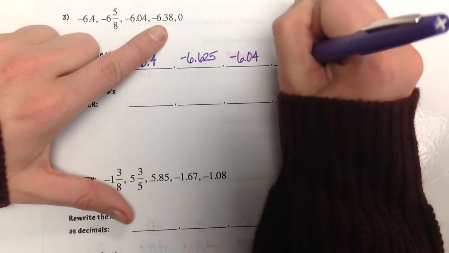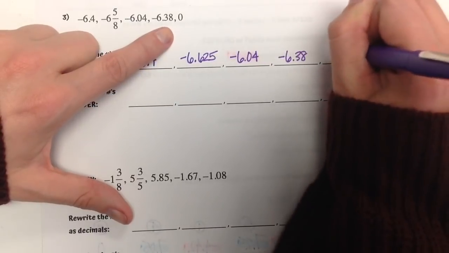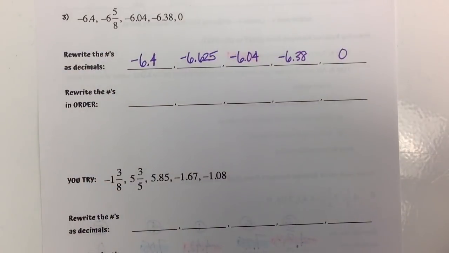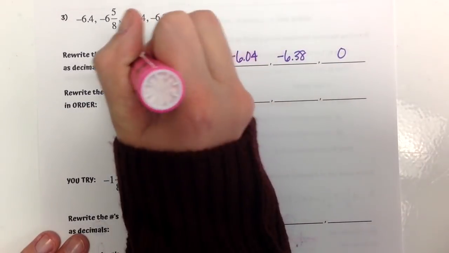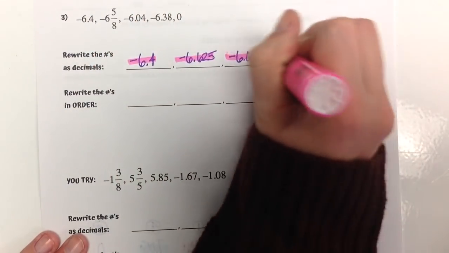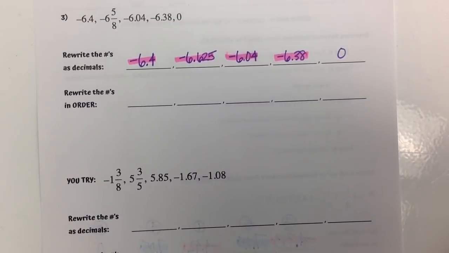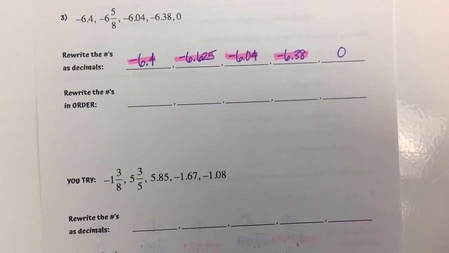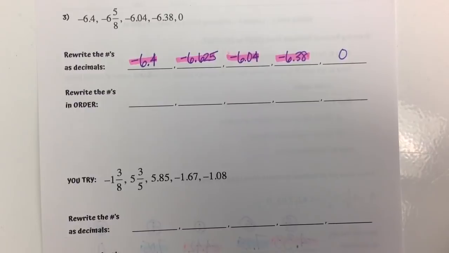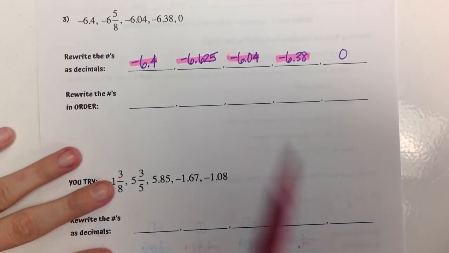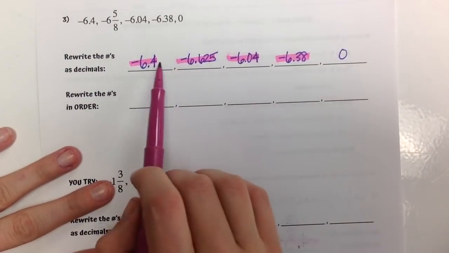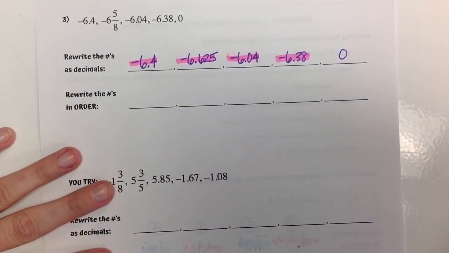This is already a decimal, -6.38, and 0, I'm just leaving 0. So again, just like I did before, I'm going to go through and I'm going to highlight my negatives. Okay? And I'm not highlighting 0 as a positive, it's kind of, again, that middle ground in between the negatives and the positives.